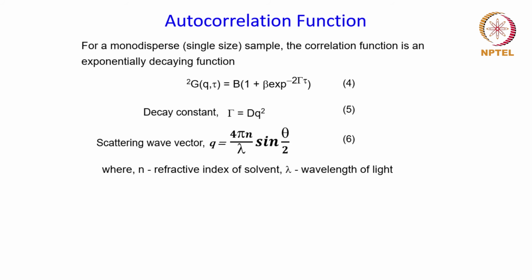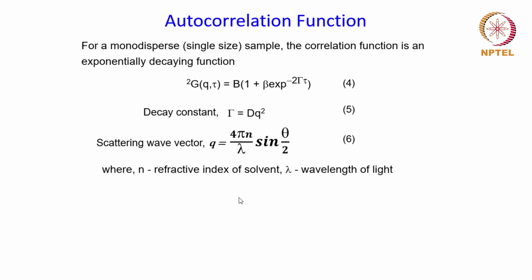Right, so what it essentially means is that the autocorrelation function or the intensity variations are measured across a wide range of theta, and when you do that and use that intensity data in the autocorrelation function, that will give you the intensity variation for particles of different sizes, right?